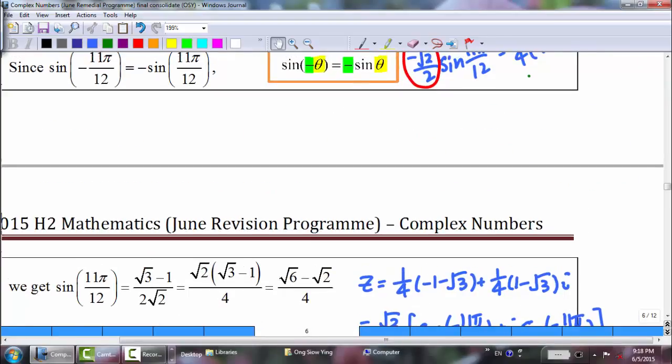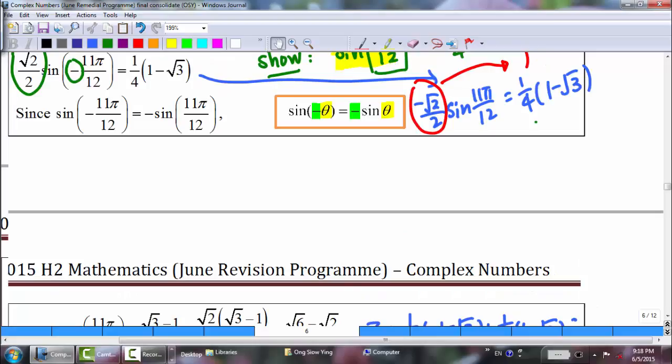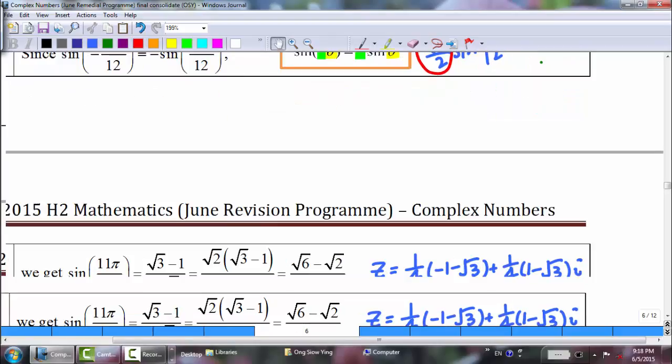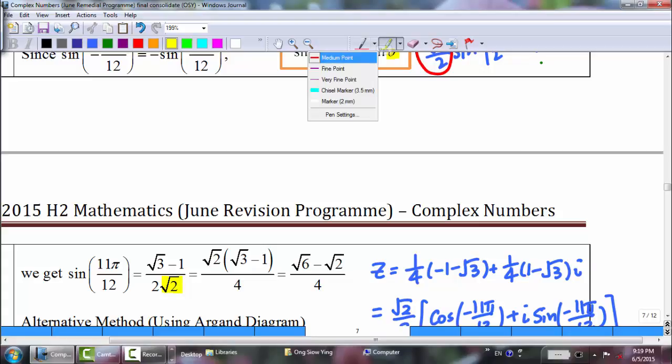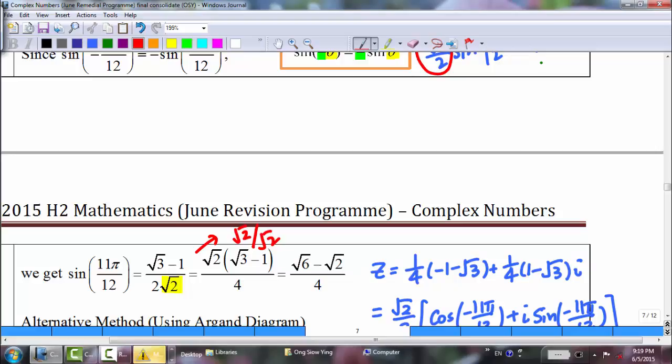That is, this part here, there's root 2 after you bring it over in the denominator, so you have to rationalize it. You just have to multiply by root 2 over root 2. Okay, so from here, this part, you just multiply by root 2 and simplify further to get the required form.